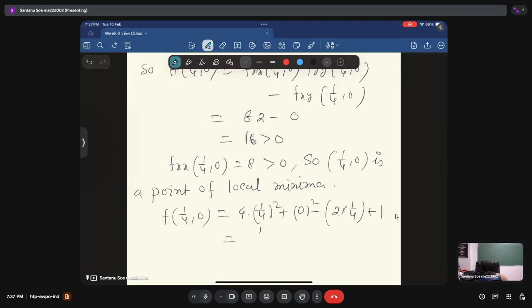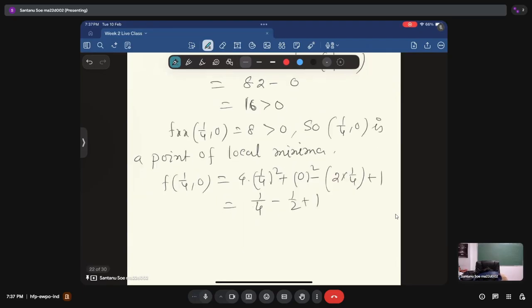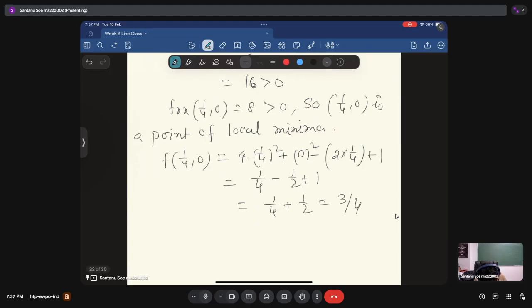So this is going to be 1 by 4 minus 1 by 2 plus 1. So this will be 1 by 4 plus 1 by 2, and this is going to be 3 by 4. So this is our minimum value.